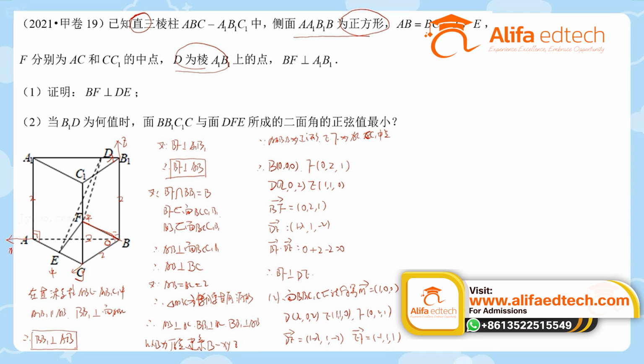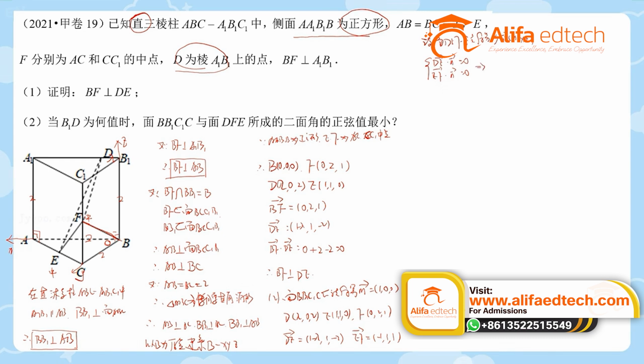Okay, now that we have these two vectors, we can set it up. Let us denote the normal vector of the plane defined by the points D, E, and F as the normal vector of this plane DEF, vector n, which equals x, y, z. I just need to solve for x, y, and z here. Then, based on the given conditions, the dot product of vector DE and vector n equals 0, and the dot product of vector EF and vector n is also 0.